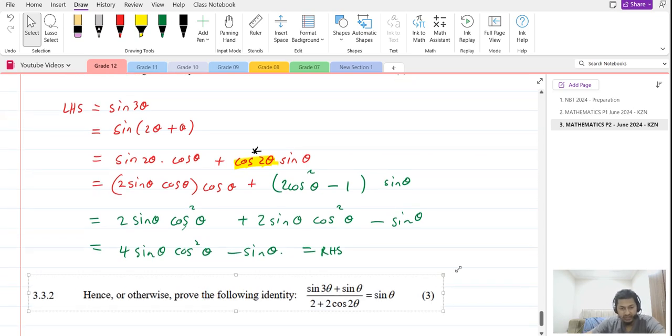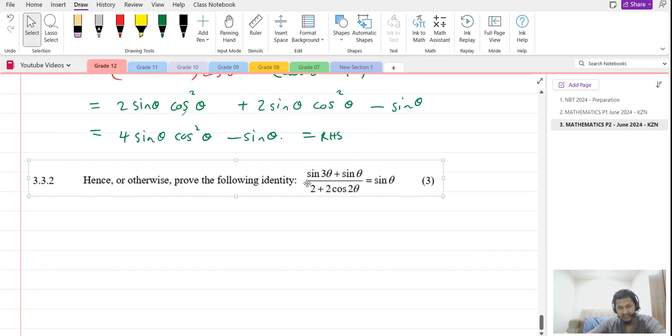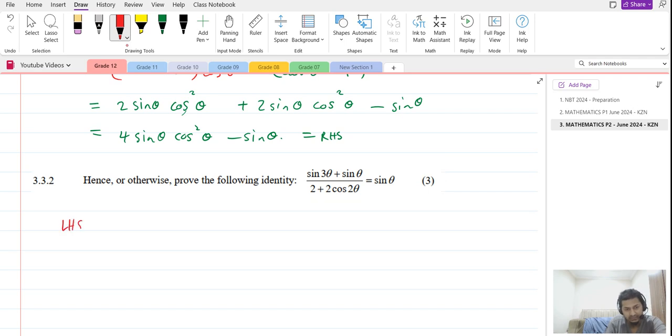Hence or otherwise prove the following identity: sine 3 theta plus sine theta over 2 plus 2 cos 2 theta equals sine theta. So what we're going to do is say the left hand side is equal to, we're going to replace sine 3 theta with 4 sine theta cos square theta minus sine theta.